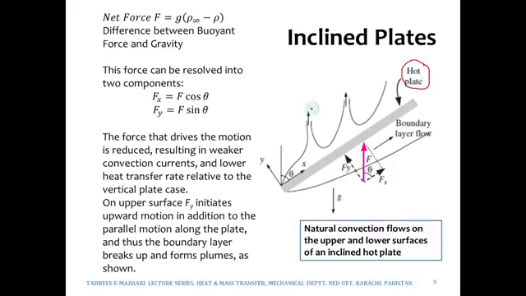Rather it will break, and it will take the form of those plumes. So you can see that the boundary layer would break up due to the gravitational force and form the plumes. So if the flow is taking place over an inclined plate, its analysis would be a little different from the vertical plate.